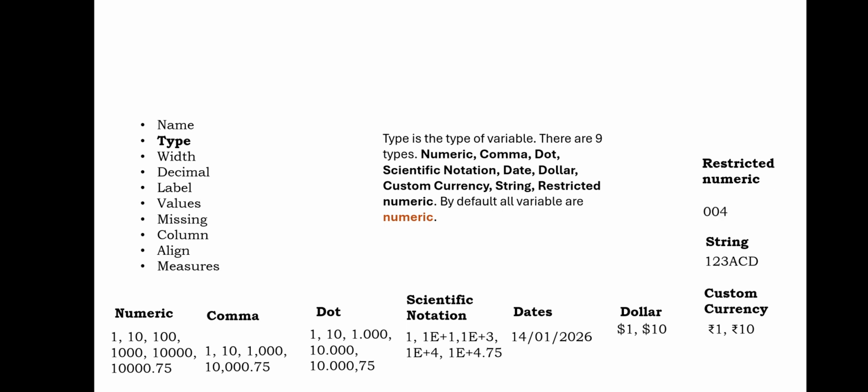Restricted numeric starts with 0 and can never have a negative number. So you can write so many types of variable, and the most famous ones are numerics and strings. But remember, the default type of variable that SPSS gives you is numeric. You can change it in the settings.